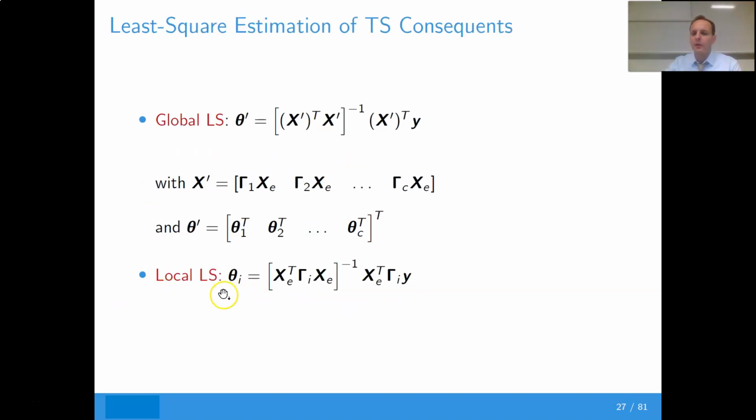That's why it's called local. The difference between the local and the global is that in the local, each vector optimizes the local model in each rule. In the global, the model is optimizing in an overall sense your data, your parameters.